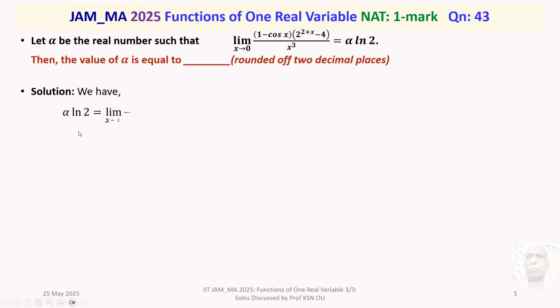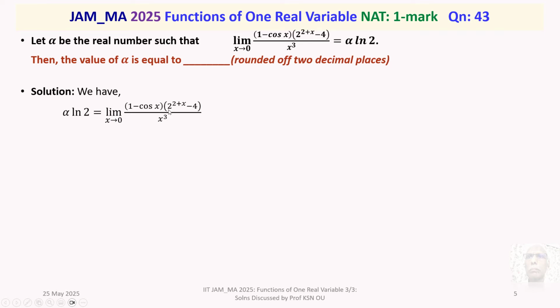Now we want to find the limit, which is equal to alpha ln 2. We write alpha ln 2 is equal to limit x tends to 0, numerator is (1 minus cos x) in one bracket multiplied by (2 power 2 plus x minus 4) in the other bracket, whole by the denominator x cube. Now we separate it.